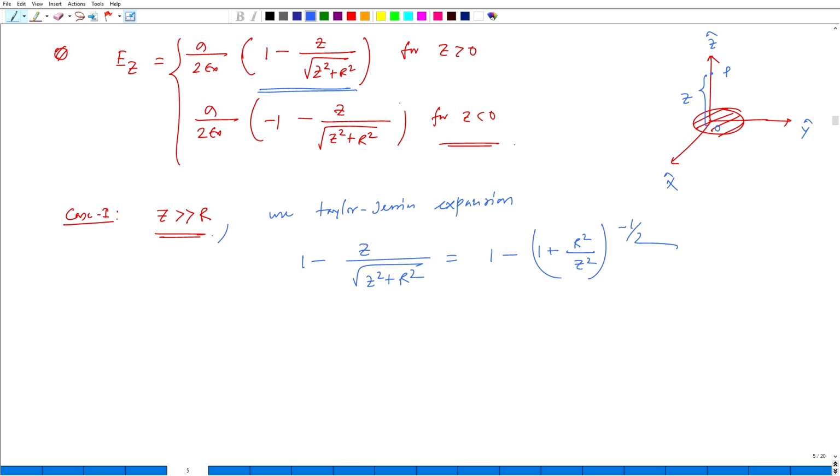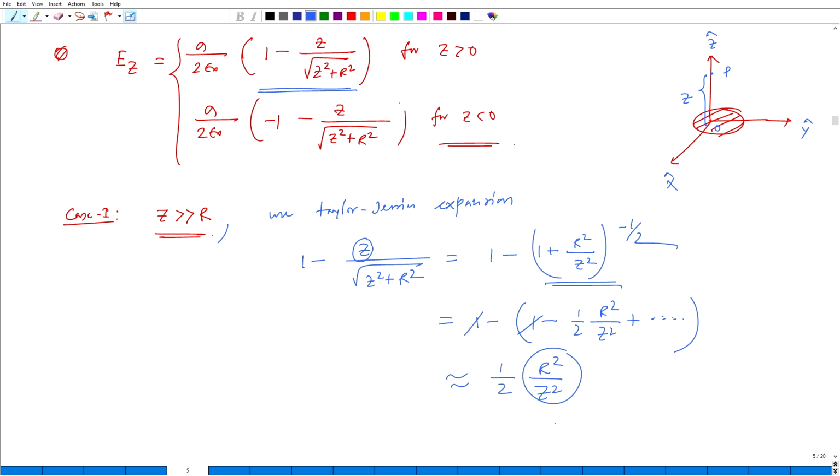Basically we take z out of the square root in the denominator, 1 over z square, and then simplify this. Now we expand this in the power series expansion: 1 minus half r square over z square, where we only consider the leading order term. These are the higher order terms. So, this 1 cancels, the remaining part is half r square by z square. This is the leading term.